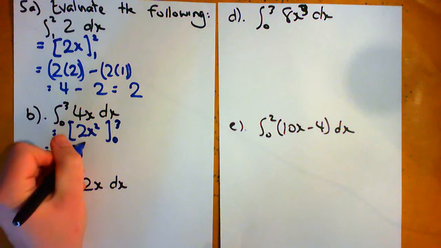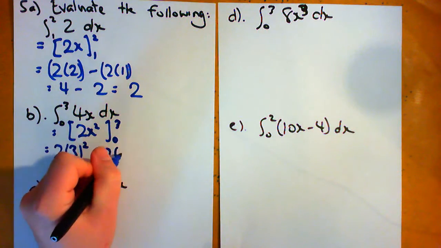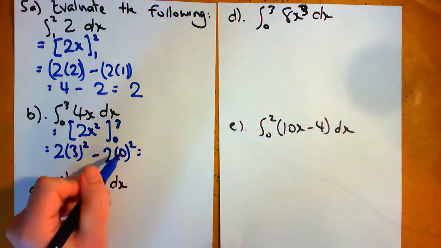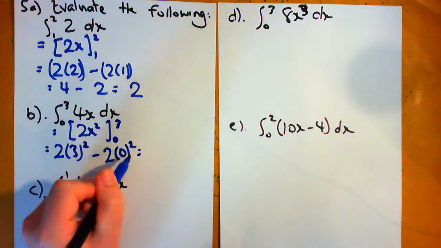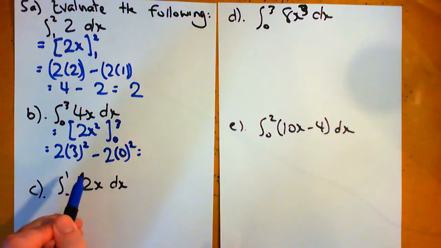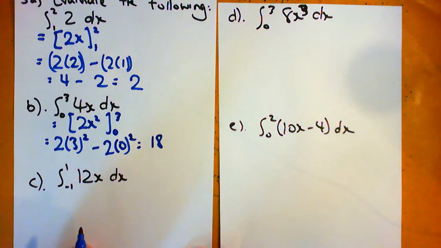So we get 2 times 3 squared minus 2 times, now substitute in 0, squared gives us 2 times 0 squared, that's going to be 0, so it's only going to be this one, which is 3 squared is 9 times 2 gives us 18.